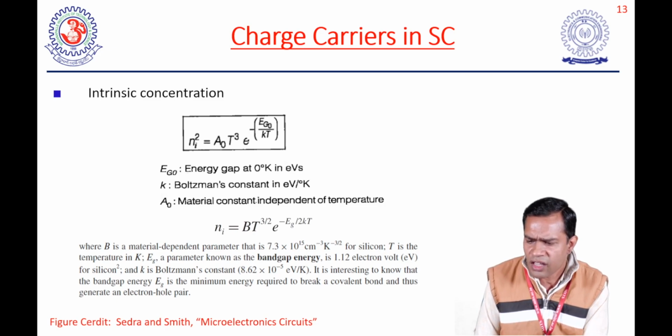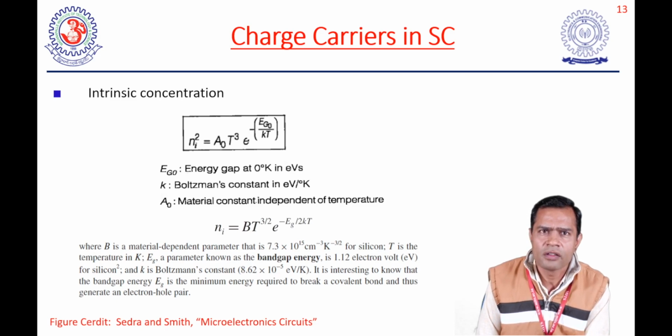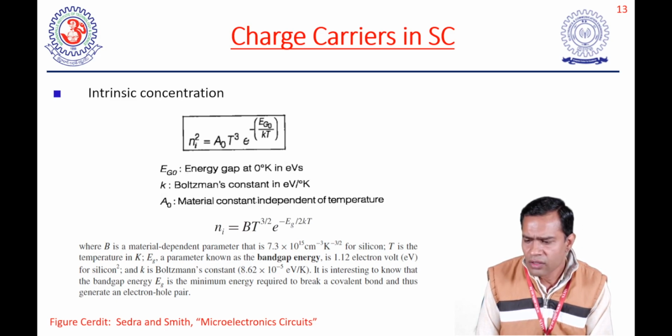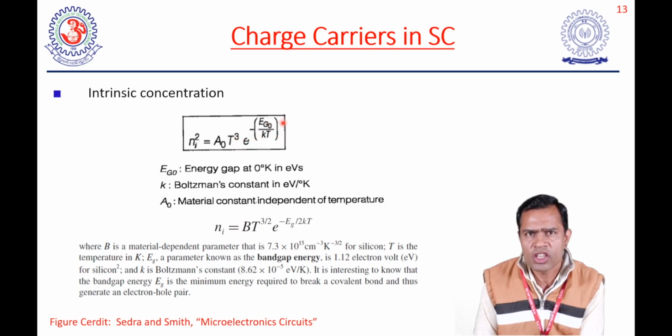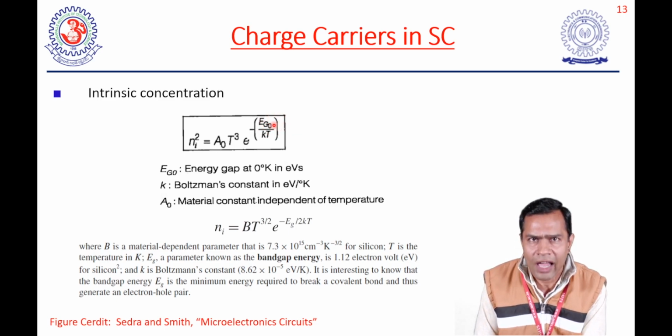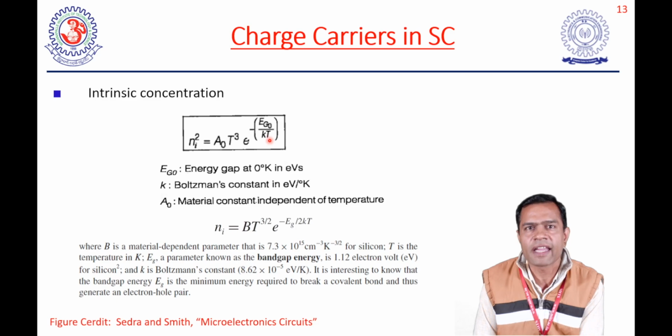Now this is the important formula to find the intrinsic concentration, given as ni square equal to, this is very important, A0 T power 3 e power minus Eg0, that is the energy gap at 0 degree Kelvin, divided by kT.